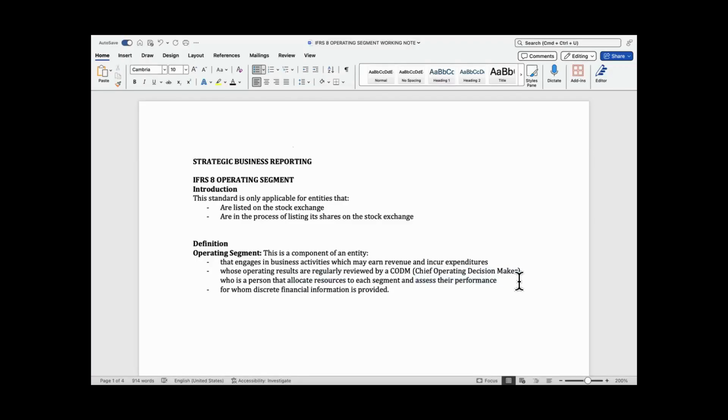Whether it's the MD, whether it's the GM, whoever in your company does this, that's the CODM. And for whom discrete financial information is provided, meaning they provide operating results, P&L statement, and all of those statements for that particular entity, then that is an operating segment.